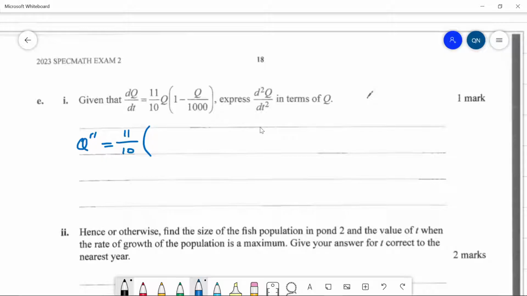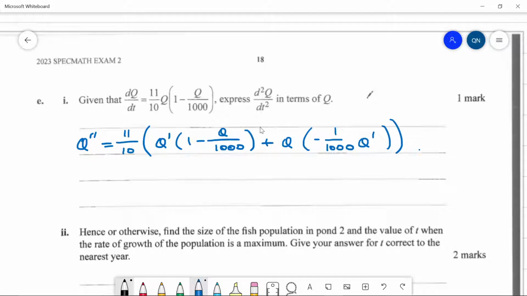And let's just perform the product rule, why not? So we have Q prime, and then 1 minus Q on 1000. And then plus, we have Q. And differentiating the second part, you're going to get negative 1 on 1000, and then Q prime.